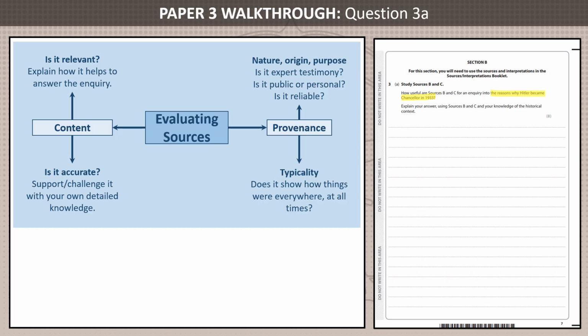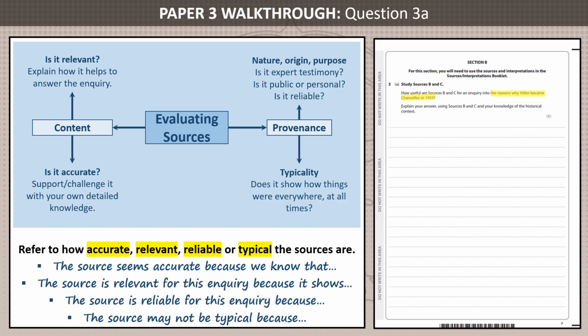Now, although you're not going to comment on all of these aspects, you're going to try and comment on some of them in your answer. When you're doing this, you might refer to how accurate, how relevant, how reliable, or how typical the sources are. And you can see I've given you some sentence starters which you could use in your work.